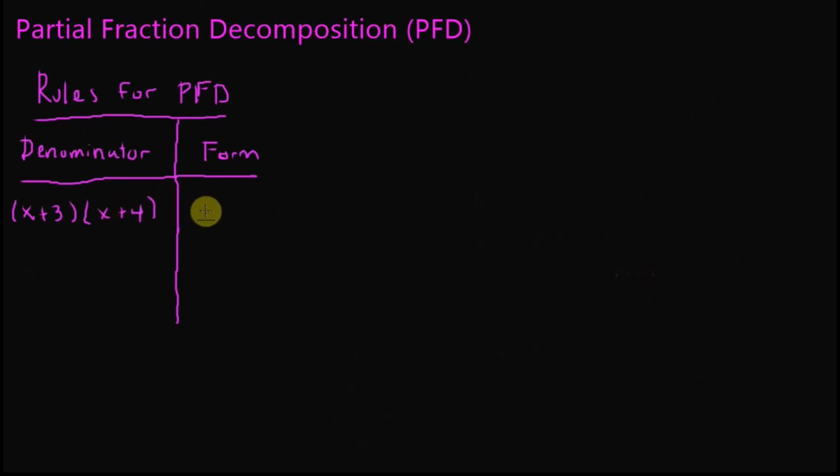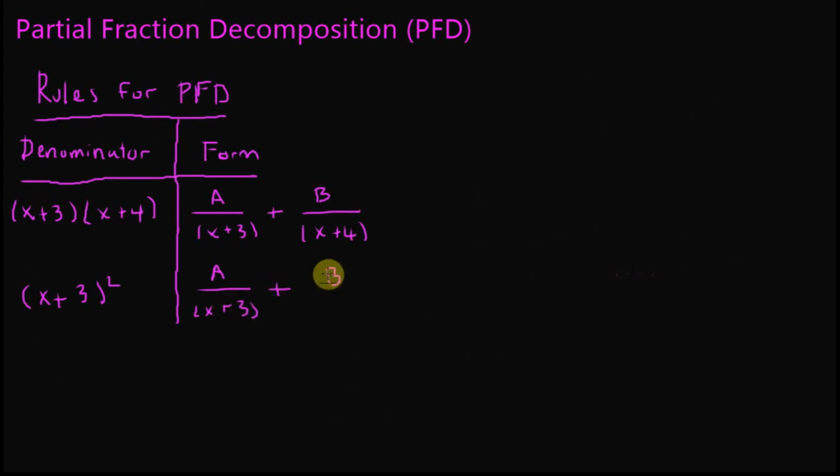This is the denominator for our first example, and it gives us a over x plus 3 plus b over x plus 4. Another denominator we can encounter, which we did encounter in the second example, is a denominator of the form (x plus 3) squared. This can be rewritten as a over x plus 3 plus b over (x plus 3) squared.